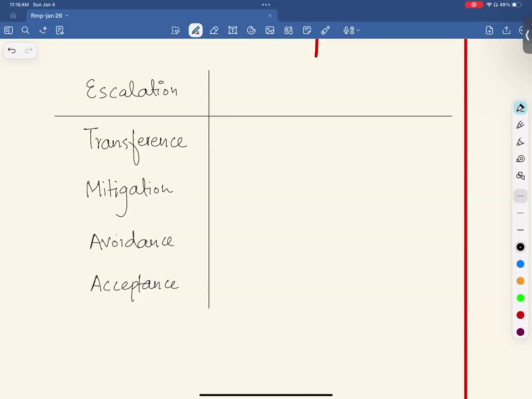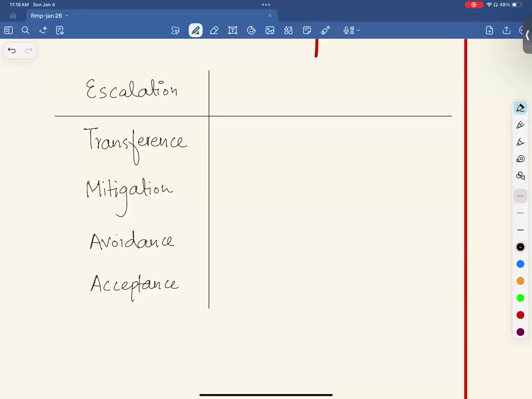The risk manager could escalate to the project manager, or project manager can escalate to the project sponsor.